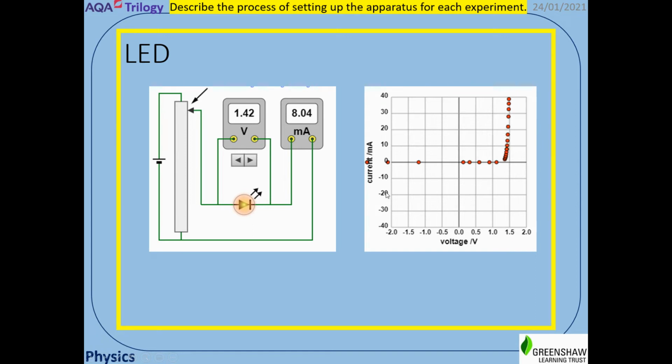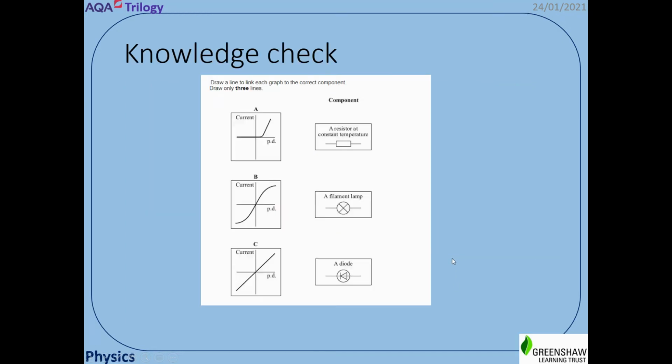And there is nothing happening when you reverse the circuit because an LED will only allow current to pass through one way. The other way, the resistance is so high that current cannot pass through. So we've got those three shapes of graph.